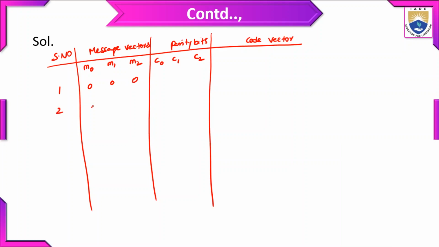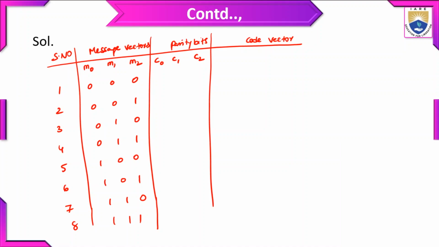Second one 0, 0, 1. Third 0, 1, 0. Fourth 0, 1, 1. Fifth one 1, 0, 0. Sixth one 1, 0, 1. Seventh one 1, 1, 0. Eighth one 1, 1, 1. So this is my message vector.